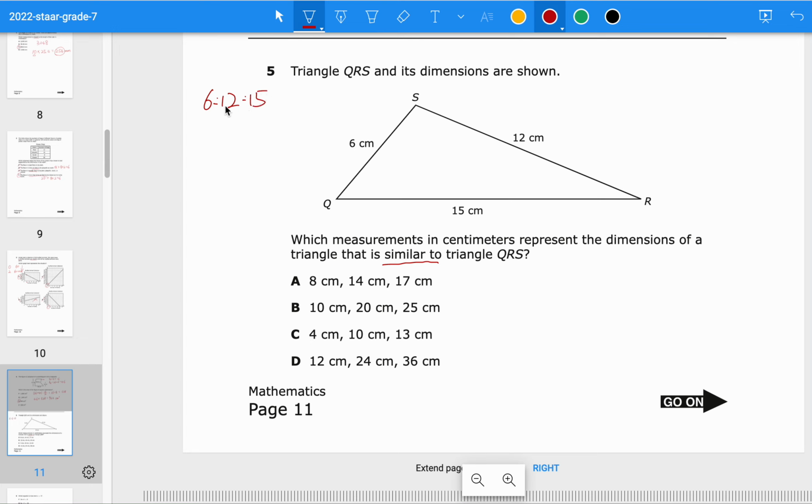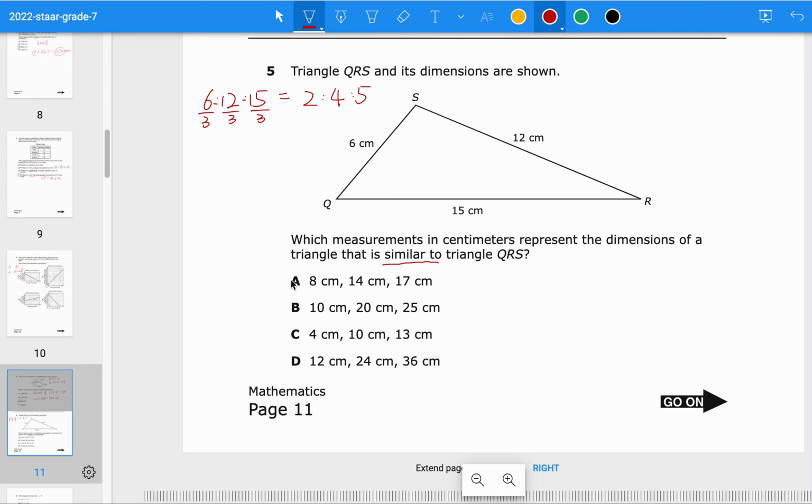If you want to simplify this, let's see what the common factor is for these three numbers. 3, right? So if I divide each side by 3, we get 2 to 4 to 5. This is the simplified ratio for the three sides of triangle QRS.